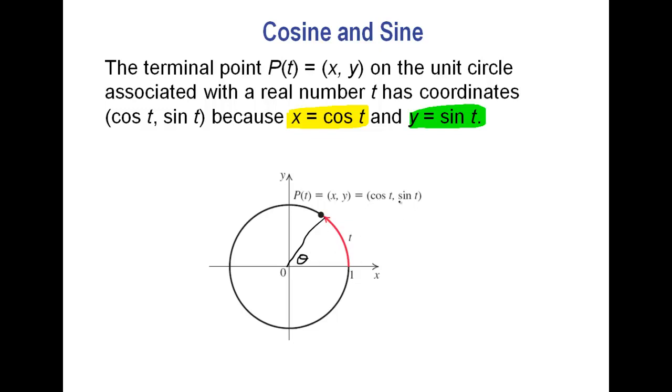So we can actually list cosine and sine as measurements of both this length and this angle, because this angle will also determine that same point. If we're at this angle, we hit that point. And that's why your calculators can calculate sine and cosine in both degrees and radians.